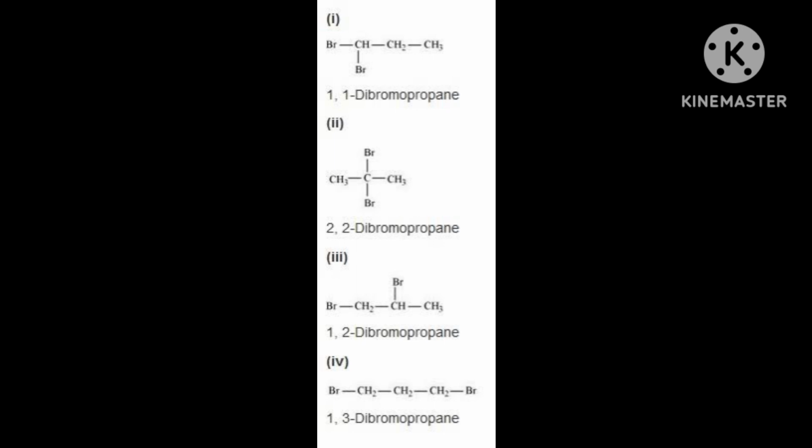Then what will be the nomenclature? I am telling you now. Consider the total chain, including the methyl at both ends, the total number is 5, and the fourth carbon has Br. Then you can write 4 bromo. Total carbon is 5, so pent.